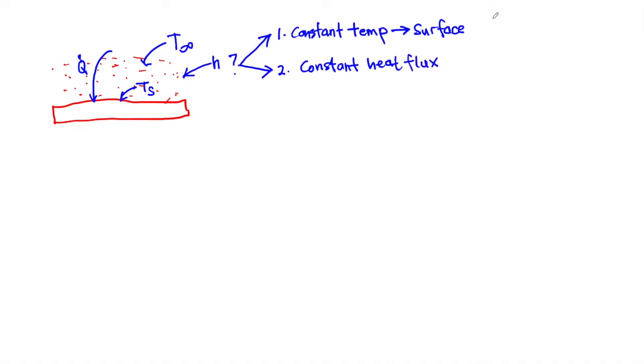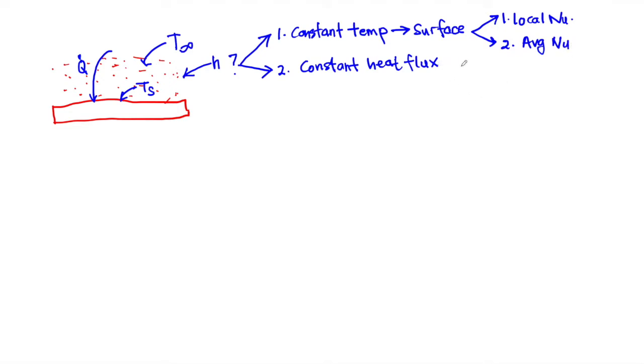Under constant surface temperature, it can be divided into two. First, we want to find the local Nusselt number, and second, we want to find the average Nusselt number.